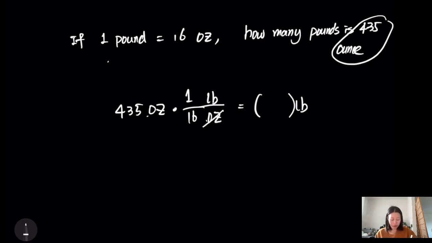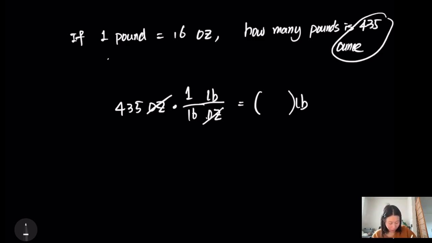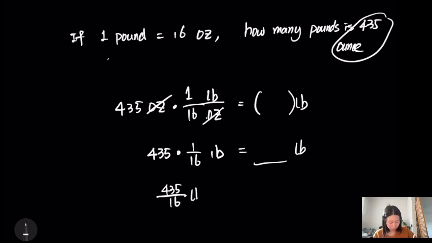The ounces and ounces cross cancel, and then multiply the fractions. I have 435 times 1 over 16. Now the ounces are cross canceled, and we only have pounds. This is equal to 435 over 16 pounds. You can just keep it that way, or you can use a calculator to convert the fraction into a decimal.